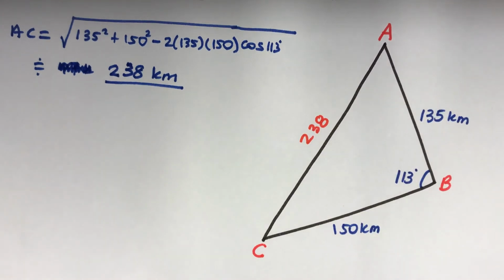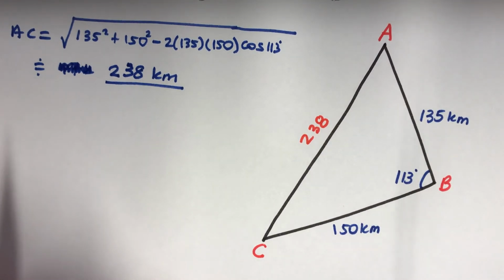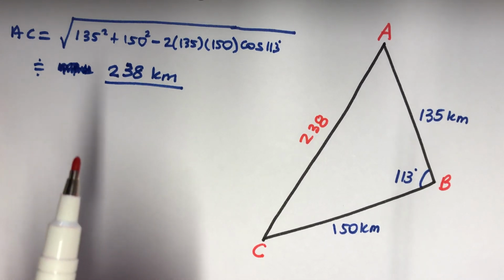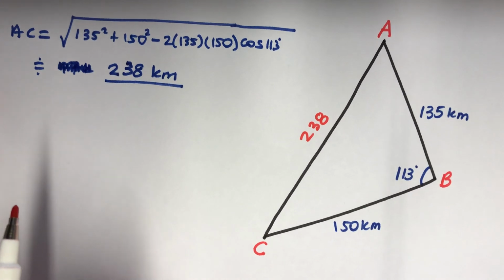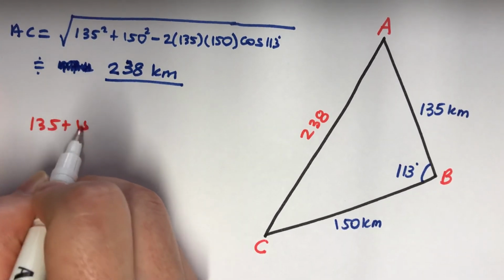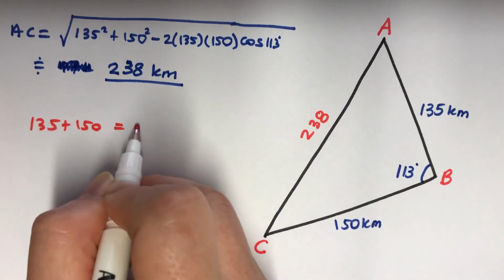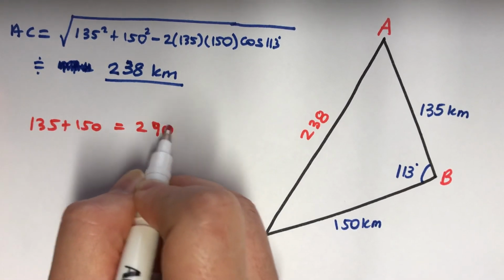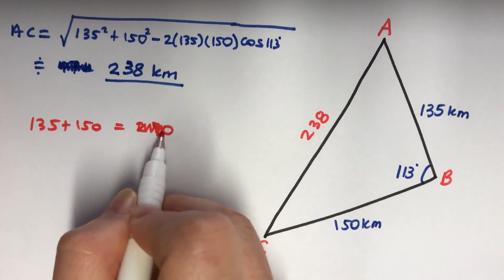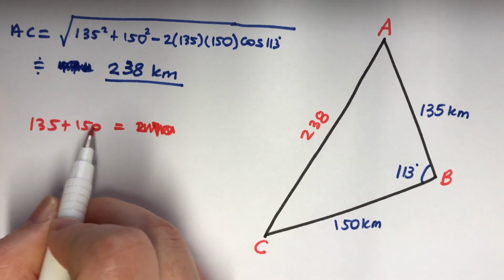Now that's not the answer, guys. The question asks us how much can we save? What distance can we save? 135 plus 150 will be 290, isn't it? No, sorry. Use your calculator, guys.